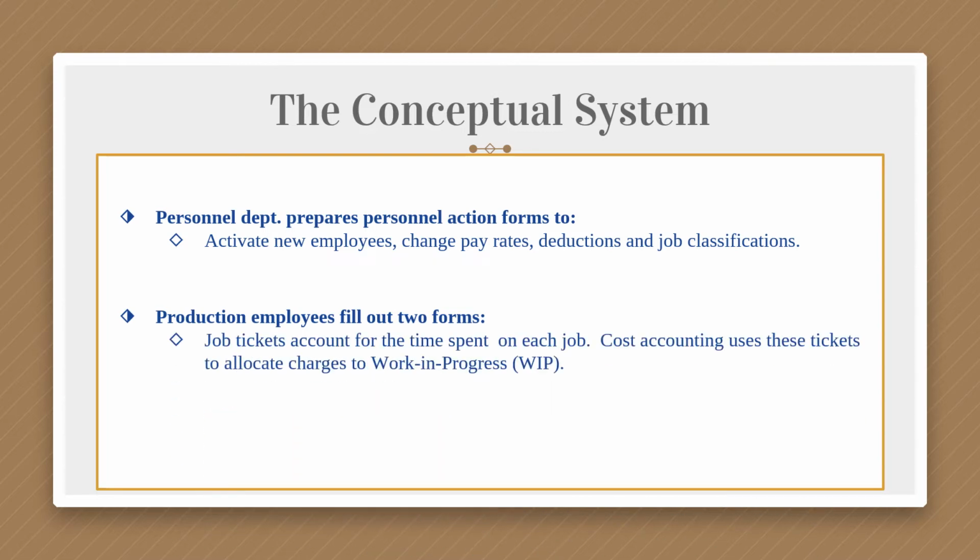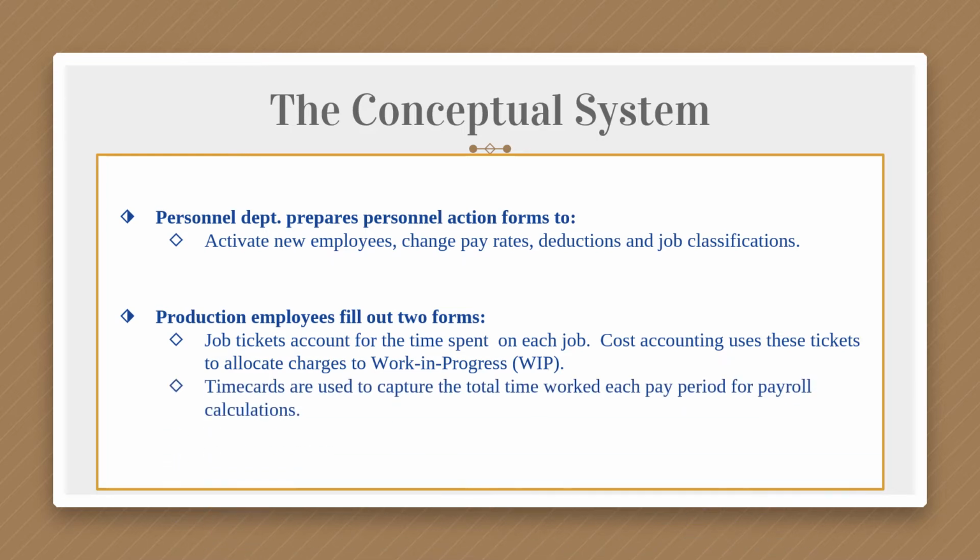Number one is the job ticket. The job ticket accounts for the time spent on each job. Cost accounting uses this ticket to allocate the charges to work in progress, WIP, allocation. Then time cards are used to capture the total time worked each pay period for the payroll calculation.